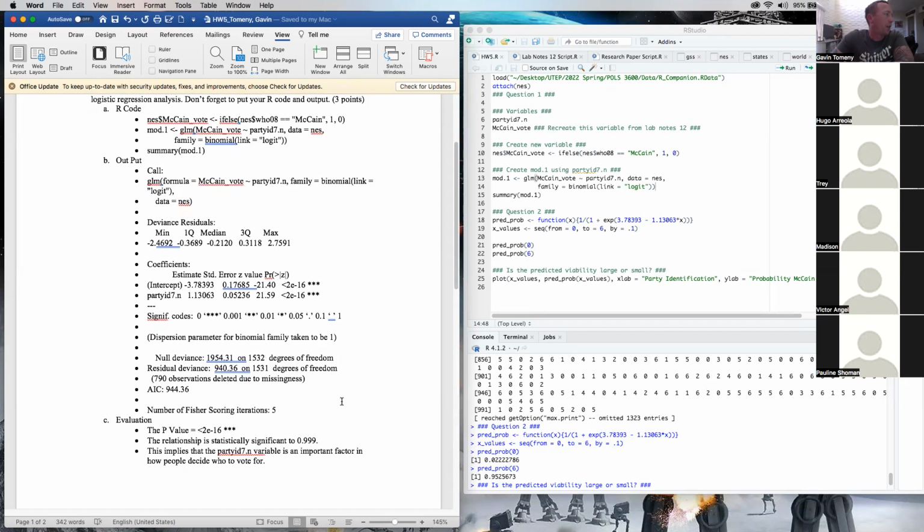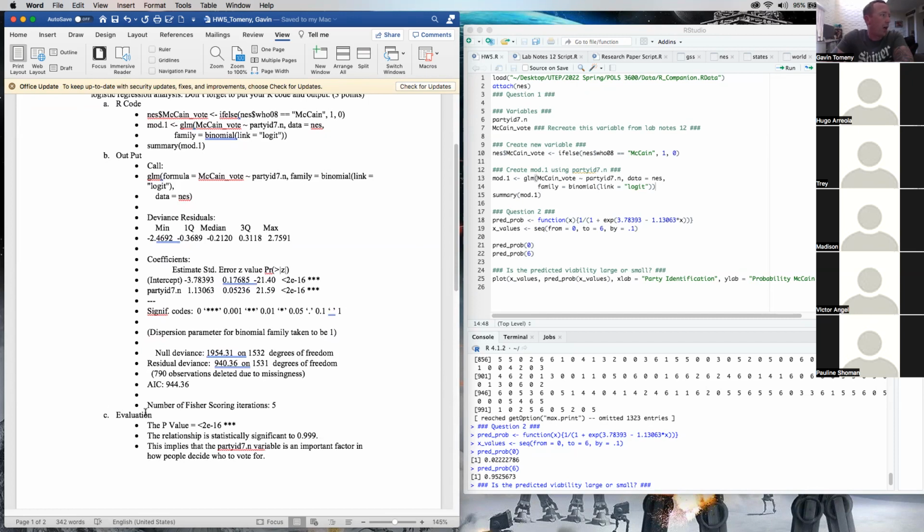And then it just talks about the degrees of freedom. And so for our evaluation, we have the p-value of 2e to the negative 16th, which means the relationship is significant to 0.999. And this implies that the party ID 7.n variable is an important factor in how people decide who to vote for.